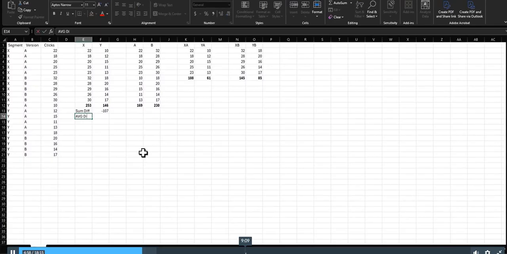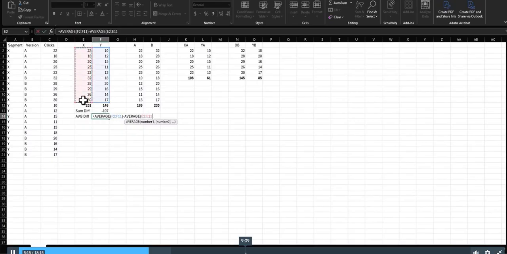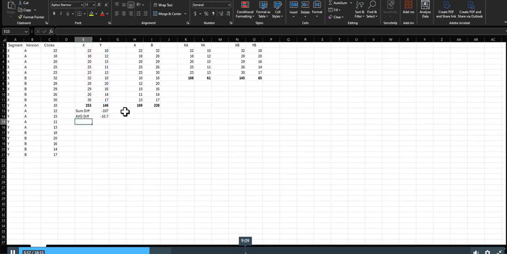And this one is a slightly more complicated calculation, but it's not too bad. It's just the average of all the Y's, remember to close that parentheses, minus the average of all the X's. And we get that. I'm going to do the same for all of the other ones as well.